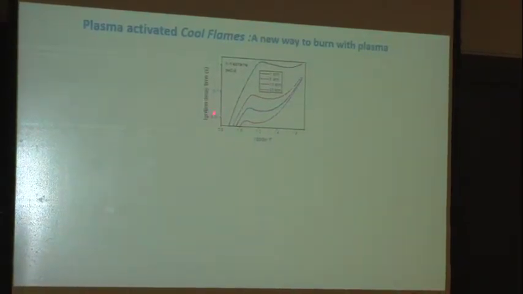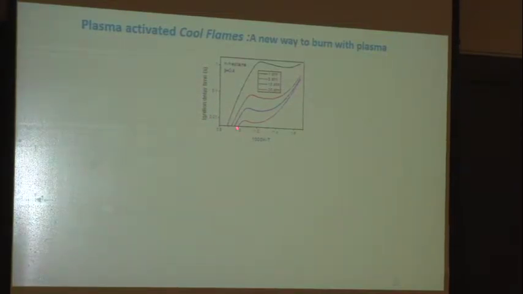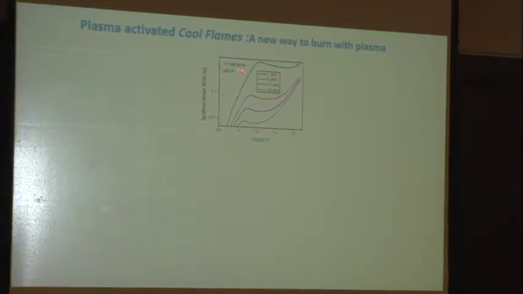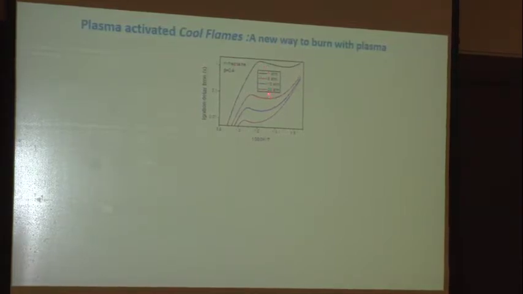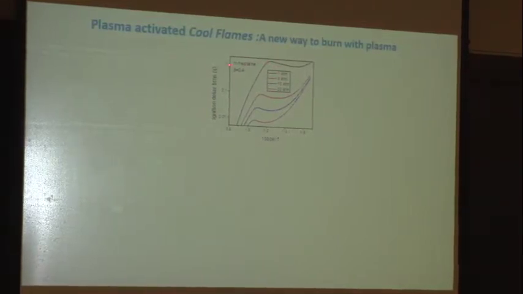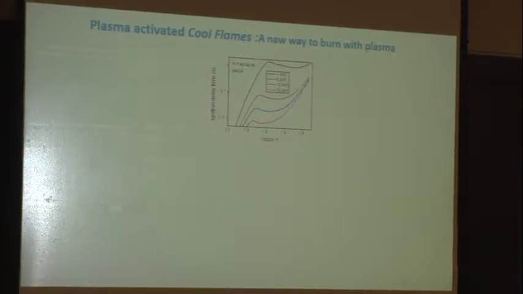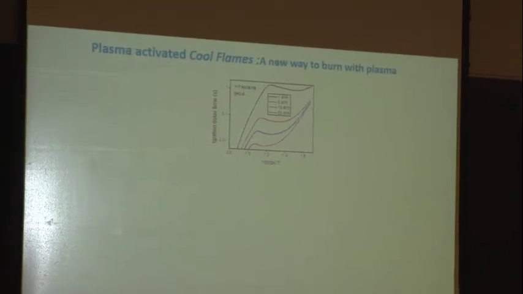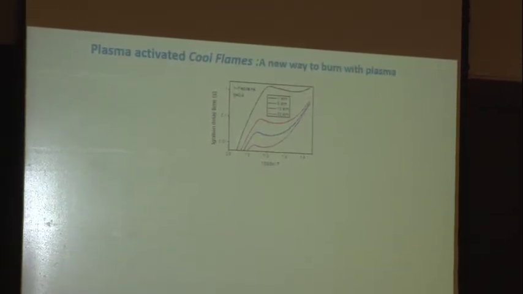If you look at the ignition delay time as a function of temperature for n-heptane as a lean mixture at 1 atmosphere pressure, the ignition delay time is about 1 second, right? You need 1 second to generate a low temperature ignition.